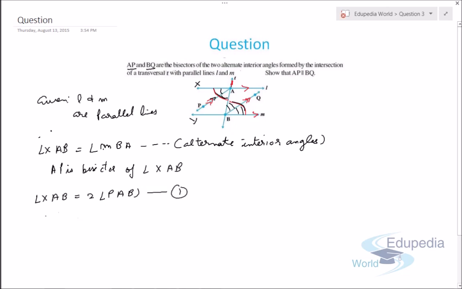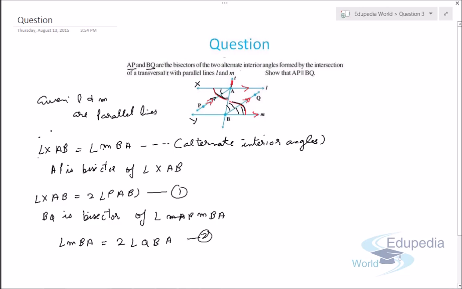Similarly, it's given that BQ is the bisector of angle MBA. So we can write angle MBA is 2 times angle QBA, let it be 2.